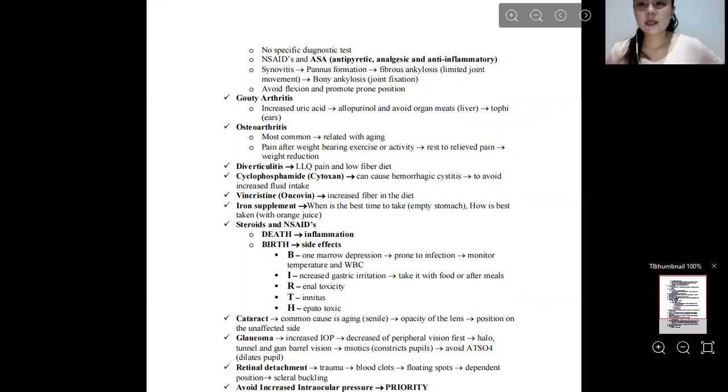If there is inflammation, it would result in diverticulitis. A low fiber diet allows the bowel to rest by decreasing the fecal volume. We'll continue with the next topic.